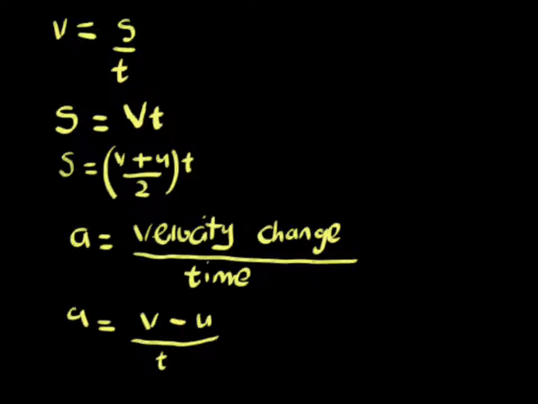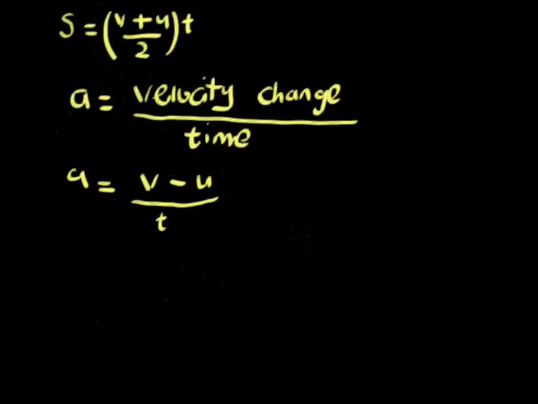So if we cross multiply now, this goes this way, and the imaginary one here goes this way. So we have that v minus u will be equal to a t.